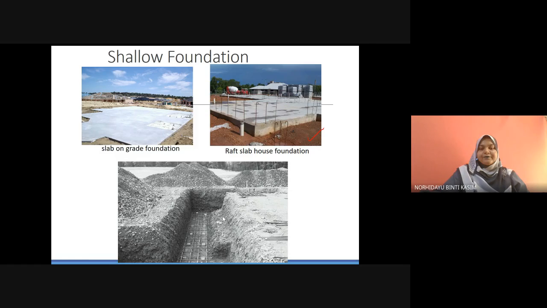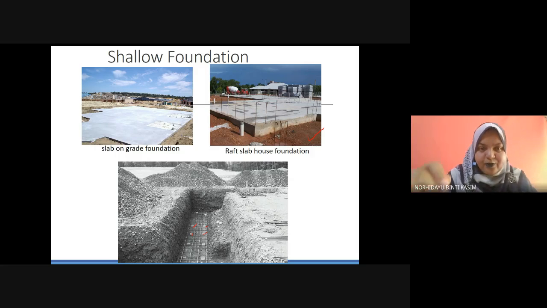First you have to dig to get a hole, following the shape of the foundation. Whatever shape your foundation is, we have a hole, as in the photo. And then first you have to put a spacer, the small concrete block here.